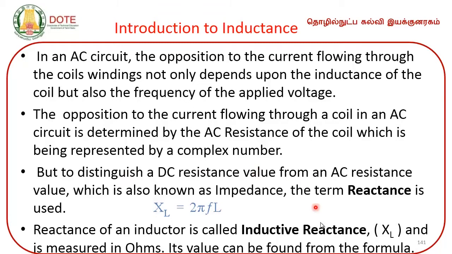Okay. So you have to understand what is meant by inductive reactance. So we call this a reactance. Why? Because it is nothing but the opposition offered by the inductor to the flow of AC current, but this is not a resistance.